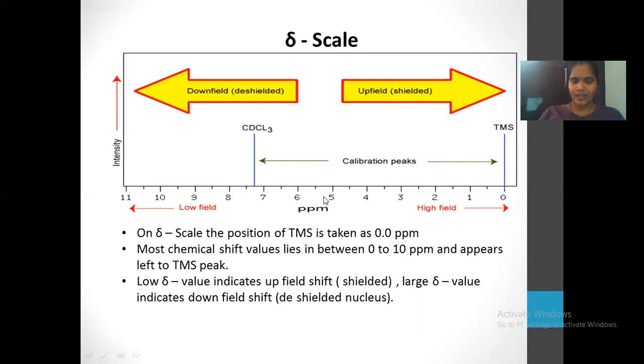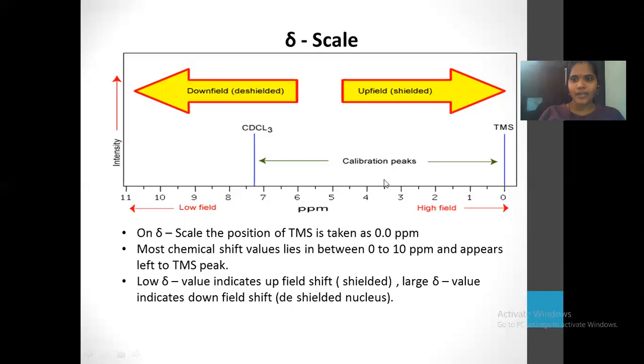And here, the lower value of the delta scale is considered as high field, whereas a higher value in the delta scale is considered as low field. We can call this high field the shielded region, and if you get a peak in the downfield or low field, we can consider that the nucleus is deshielded.